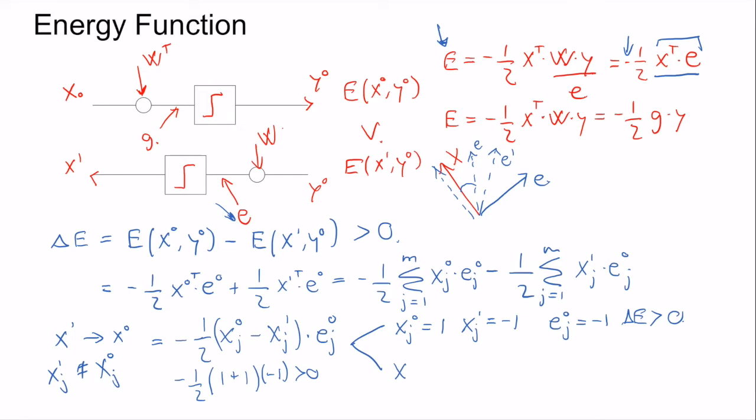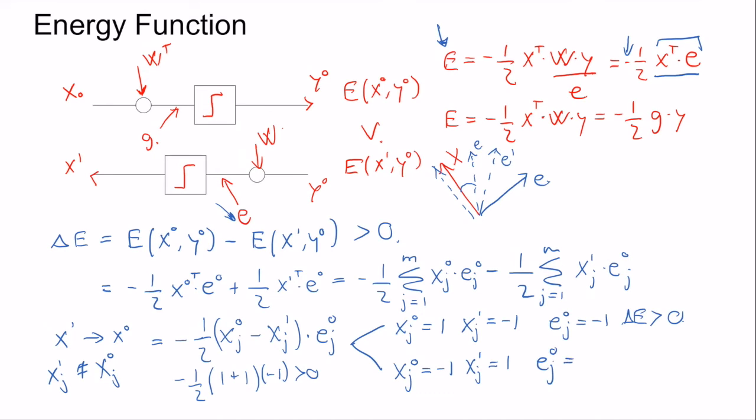And then we have xj0, the other option will be that this guy is minus 1, and therefore xj1 will be 1, and ej0 needs to be also 1, because it has to have the same value as xj1.